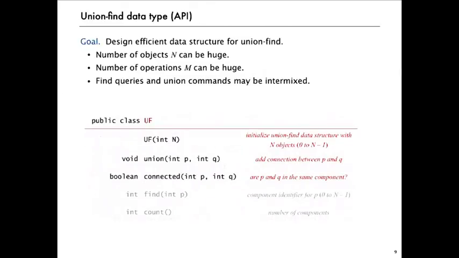The constructor takes as argument the number of objects, so it can build data structures based on that number of objects. And we have to bear in mind, as we're building our algorithms, that both the number of objects can be huge, but also the number of operations. We can have a very large number of union and connected operations. And our algorithms are going to have to be efficient under those conditions.